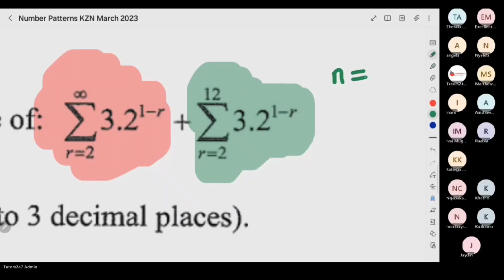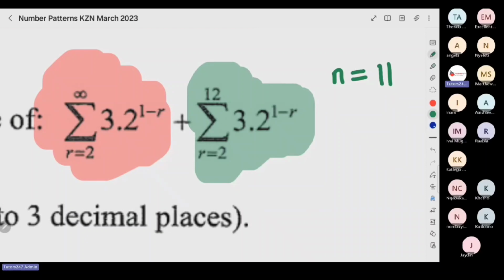Sir, that is correct. Top, which is 12, minus bottom, which is 2, plus 1, and you get 11. So we now know that in the green sigma, there are 11 terms. So we are calculating the sum of 11 terms.